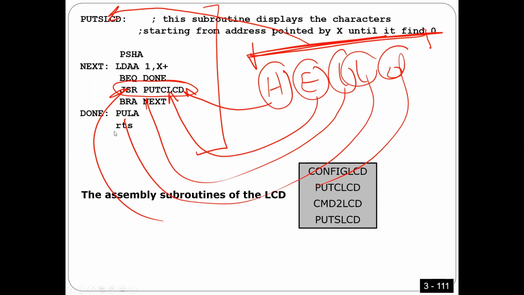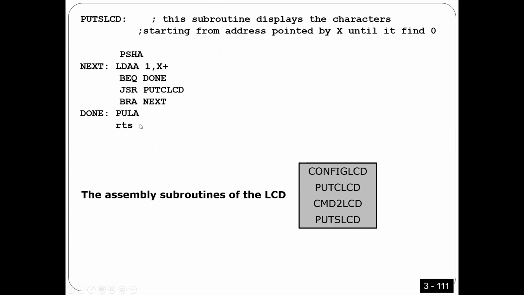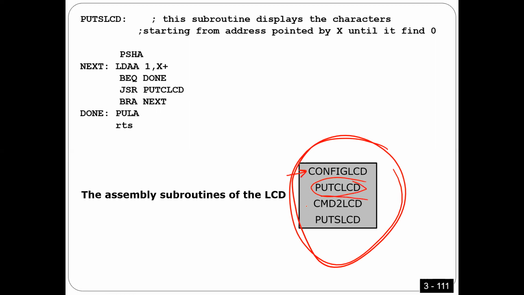So now I'm going to focus on teaching commands. After I teach commands, in total we're going to have only 4 functions in assembly. Very easy. Only 4 functions. One for configuration. One put character if you want to display a character, one command to LCD if you want to execute a command, and put string LCD if you want to display a complete message.